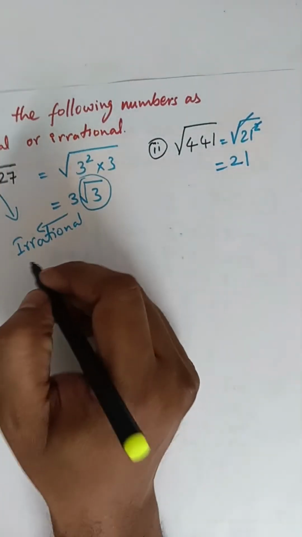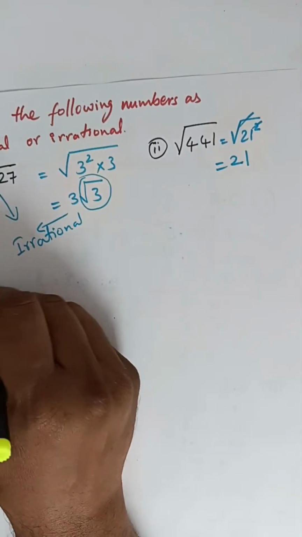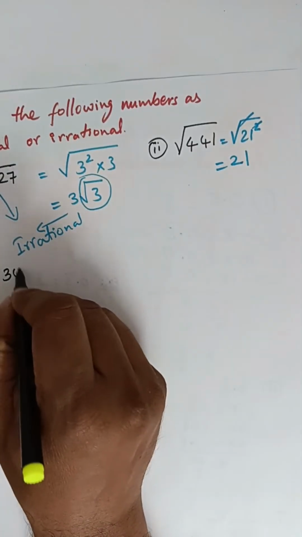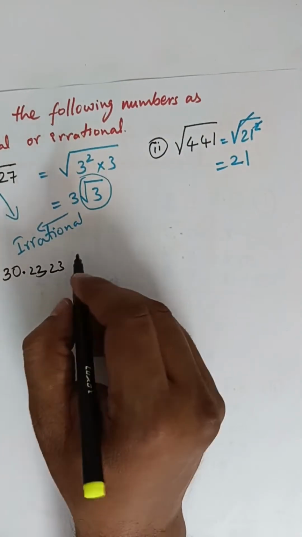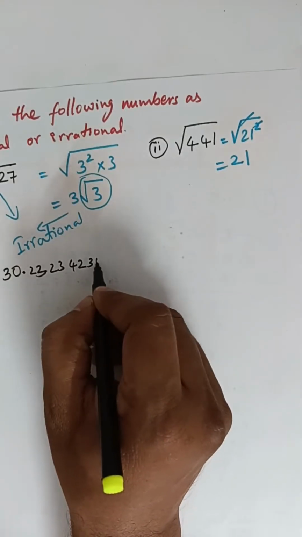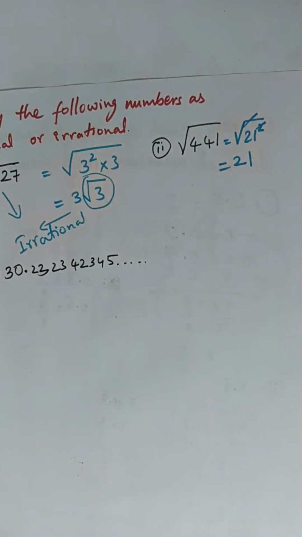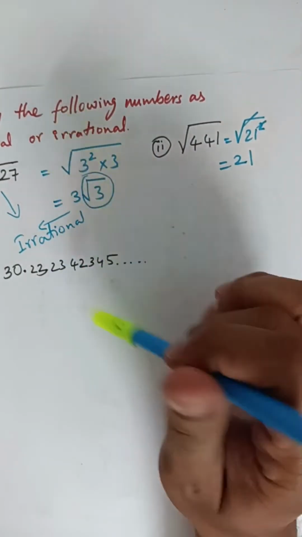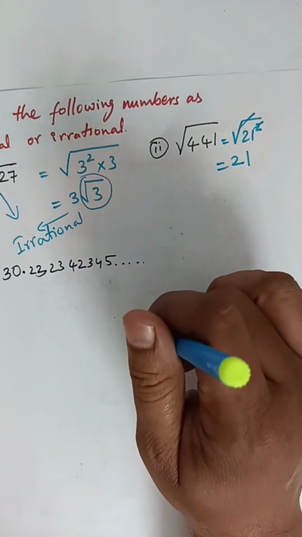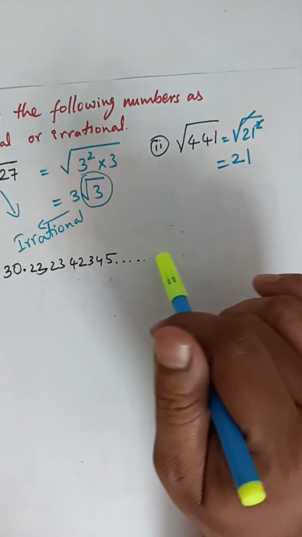Question 3. 30.23234235 and so on. Whenever you get a decimal value and you are in a confusion of determining or classifying it's rational or irrational, most of the students they confuse that this is non-terminating, it is irrational.